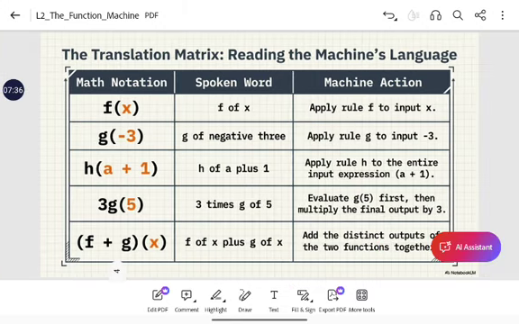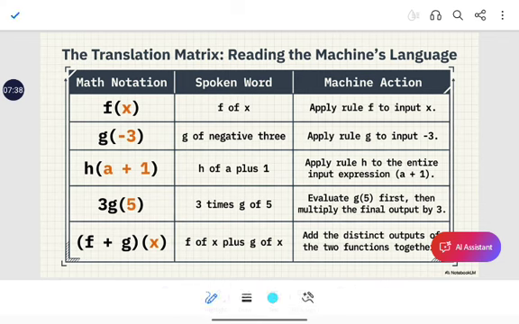All right. So let's see the translation matrix, reading the machine language. What the following means: f of x is the notation, the spoken word is f of x, and it means apply the rule of f to input x.